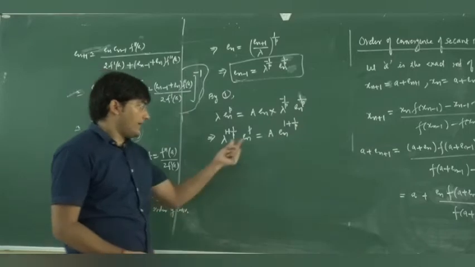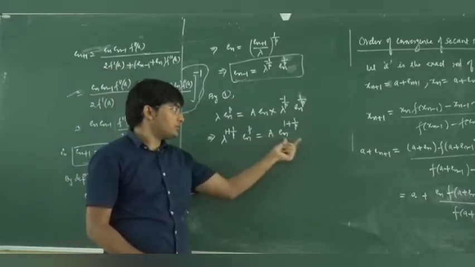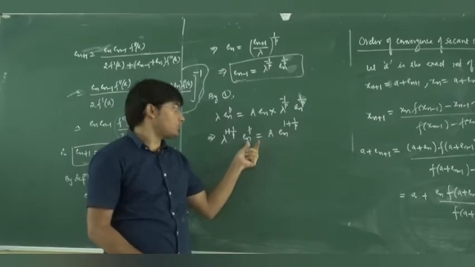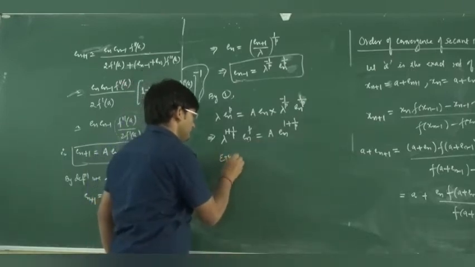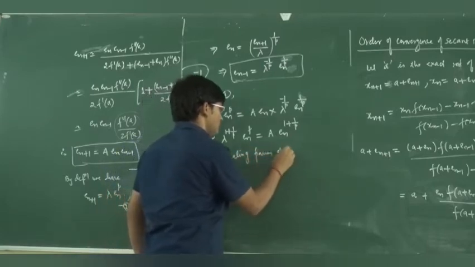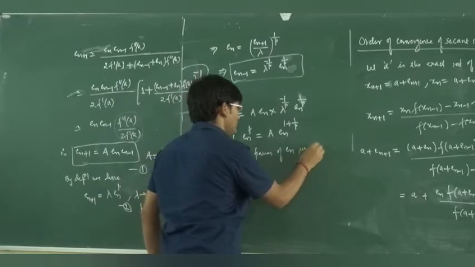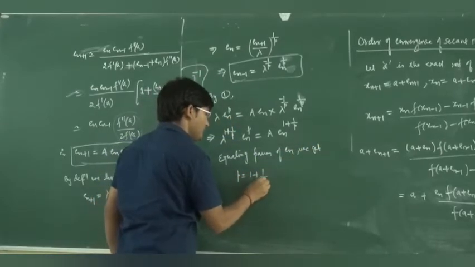Now if you equate the powers of both sides in case of En, then equating powers of En we get p equal to 1 plus 1 by p.